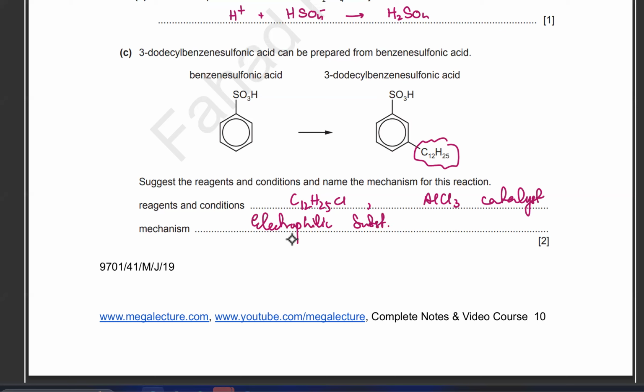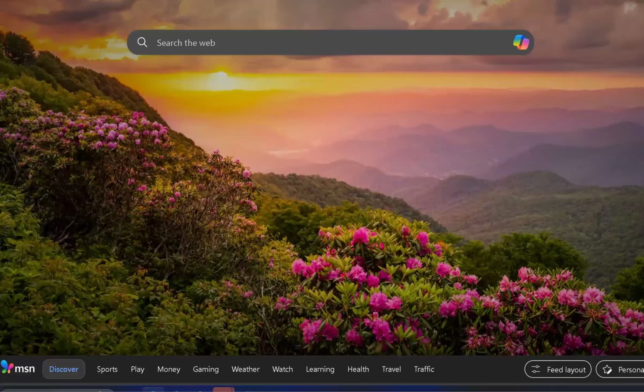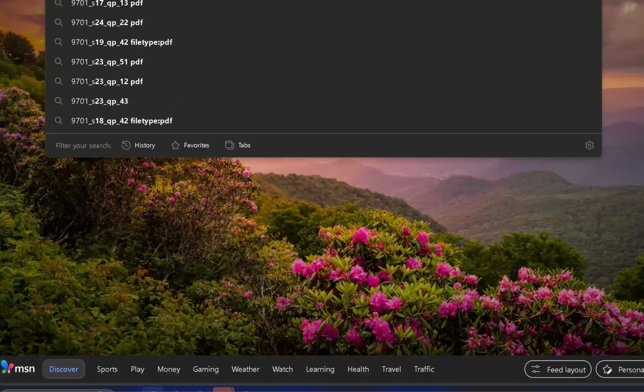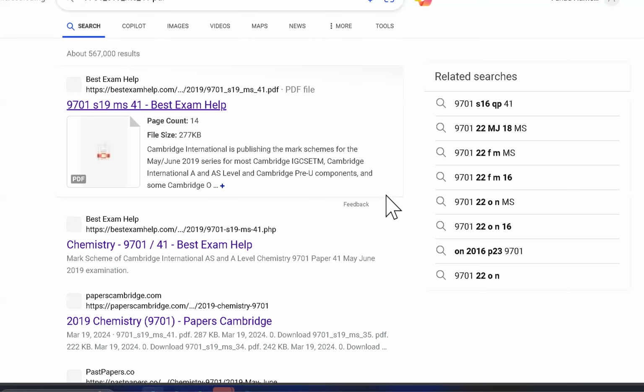ठीक है? Is this clear? So Espera, let me just... about heat. Is he giving marks for heat? 1 second. Summer 1941. Just 1 second. 141. Just give me 1 second.